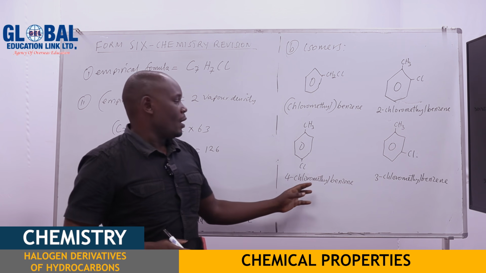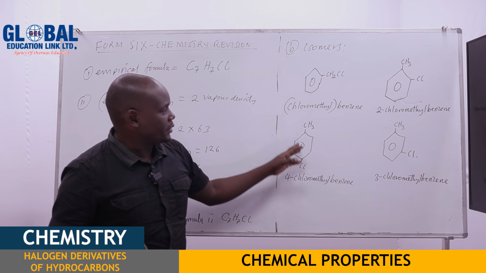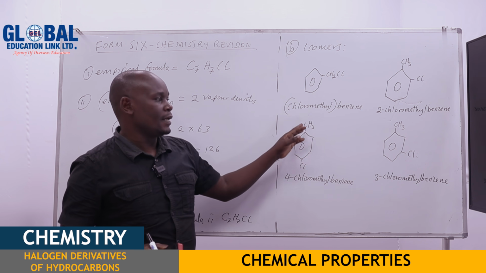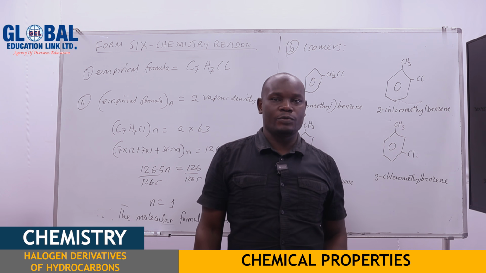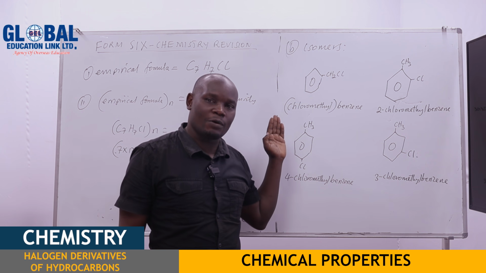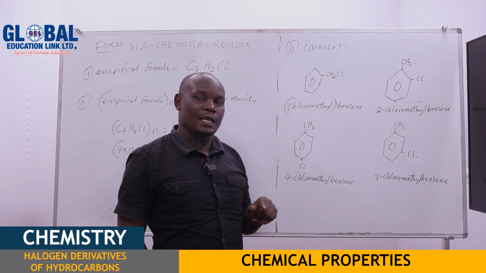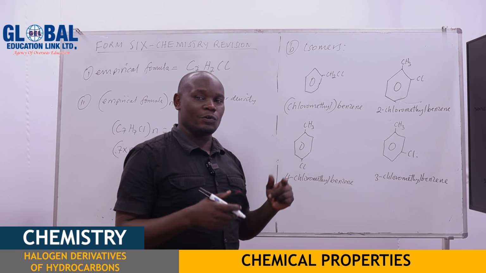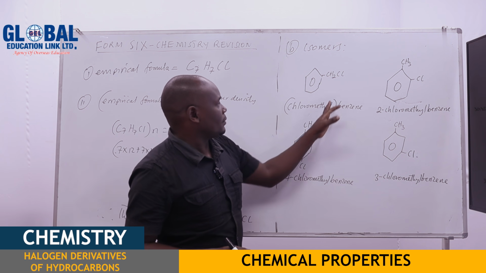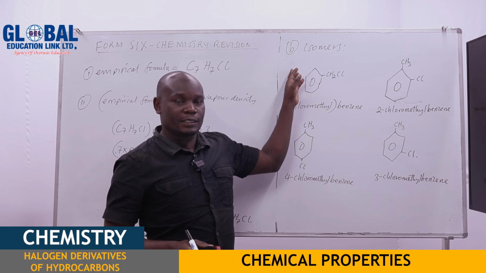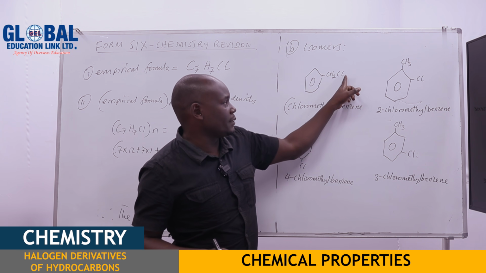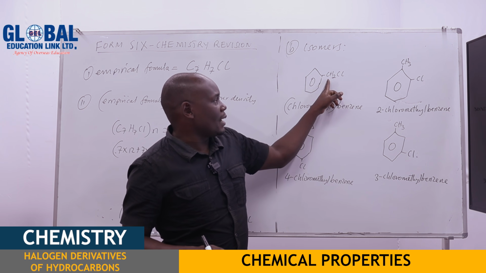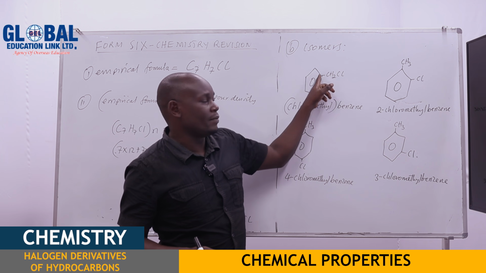So from the mentioned isomers, we have been asked which one will react with the potassium hydroxide. If you refer now to our nucleophilic substitution reaction in halogen derivatives of hydrocarbon, this one is the one that can react with the aqueous potassium hydroxide. Why? Due to the presence of alkyl halide in the molecule.